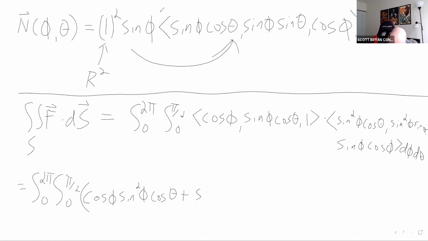So we get sine cubed phi sine theta cos theta, plus 1 times sine phi cos phi, d phi d theta.